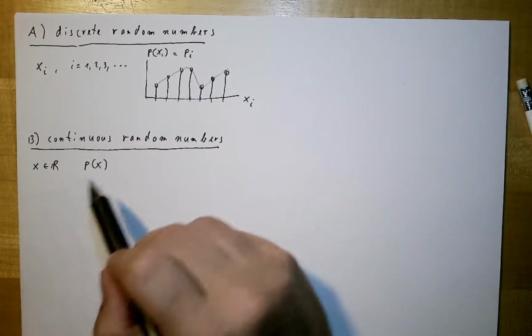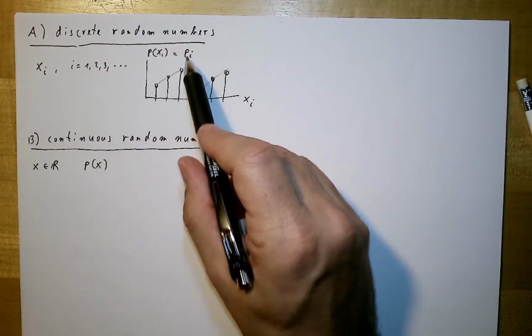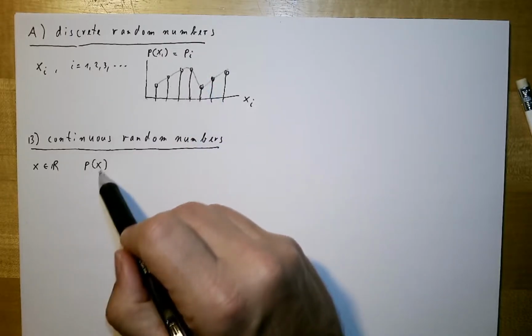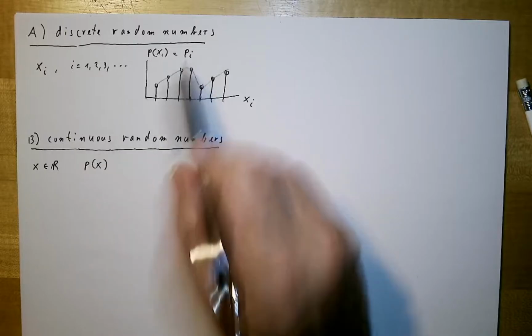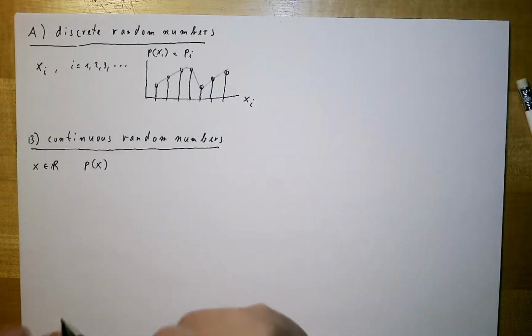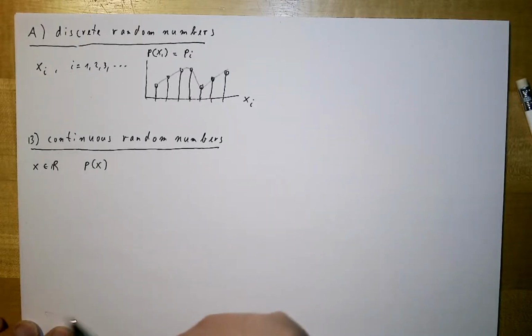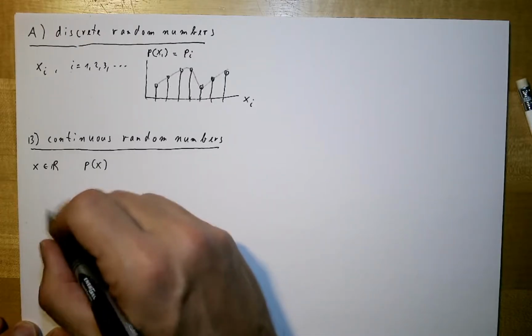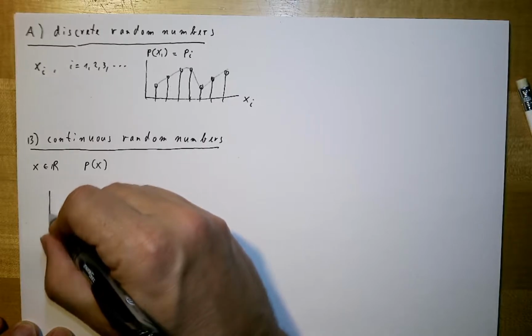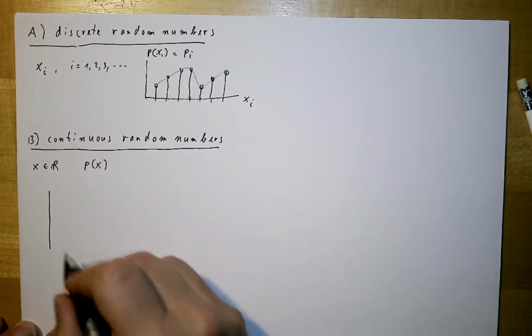Sometimes we see just by the index, whether it's p_i or p(x), if it's a continuous or discrete distribution. And now with the continuous random numbers, there's one thing we have to keep in mind. There is some additional subtlety.